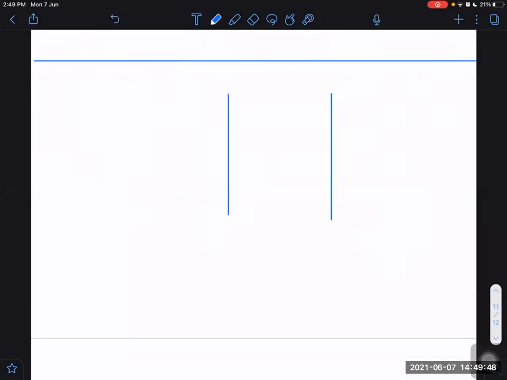Next example. Now again, I want to find the deviation, this time because of magnetic field regions. This magnetic field region has width d.